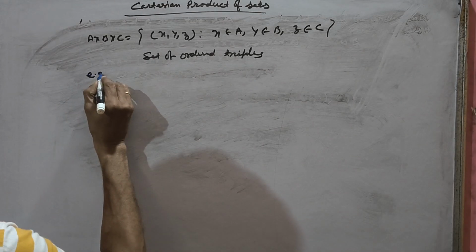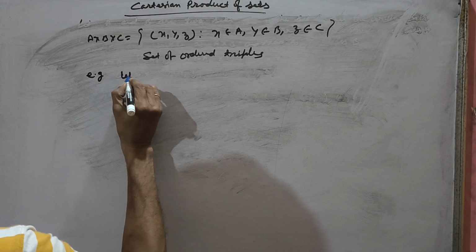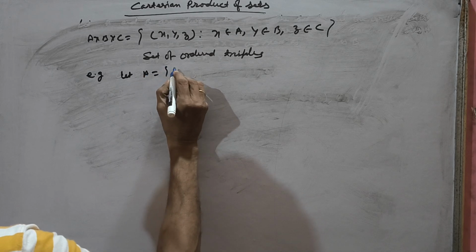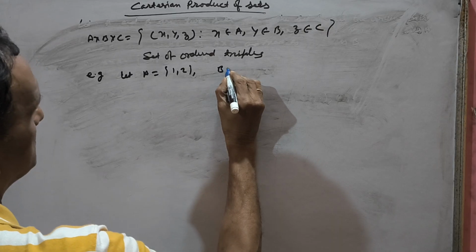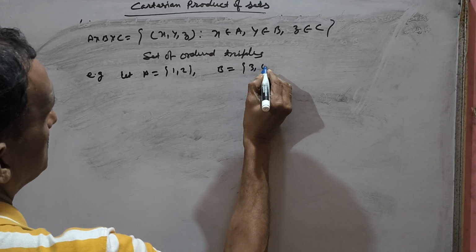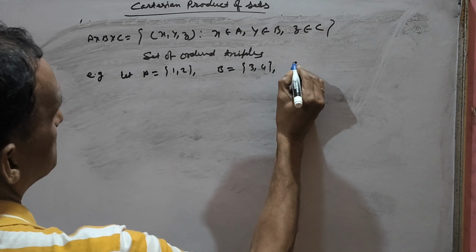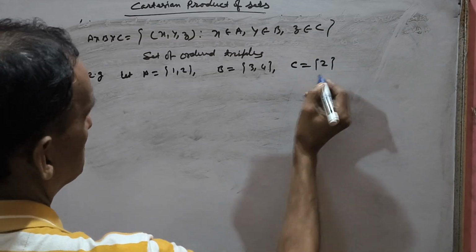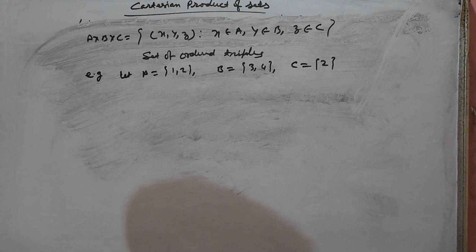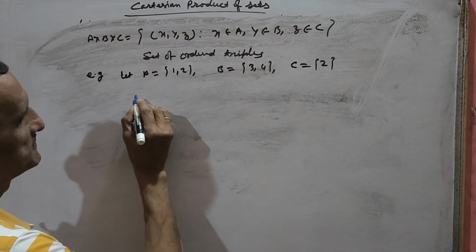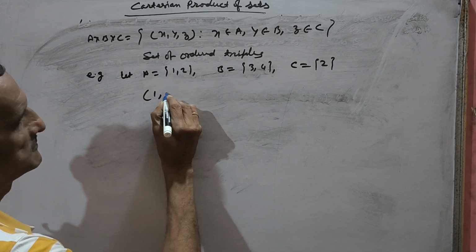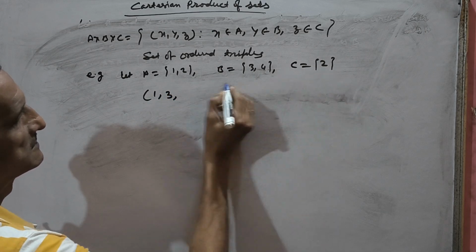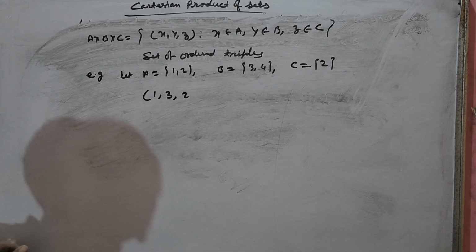Now see one example. Let A be a set with the elements 1, 2. B is a set with the elements 3, 4. And C is a set with the element, say, 2 only. Then try to see the process. Then you form the ordered triples. 1 first component, then 3, then 2.